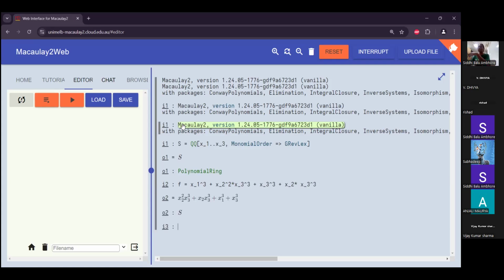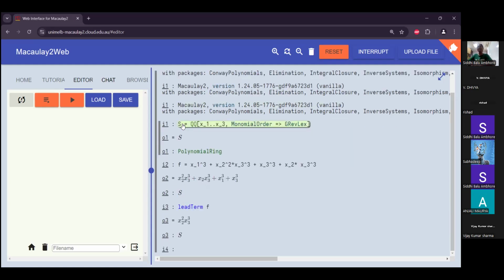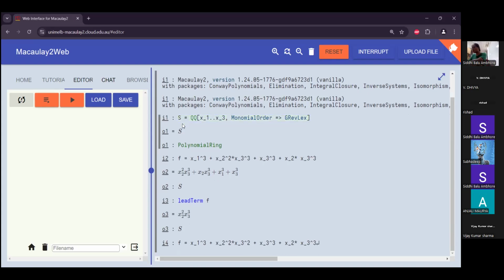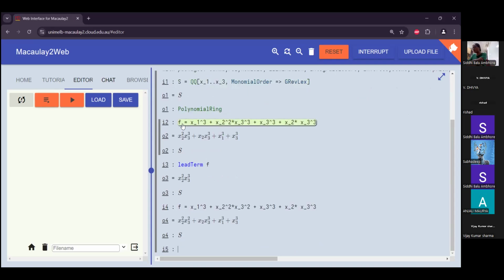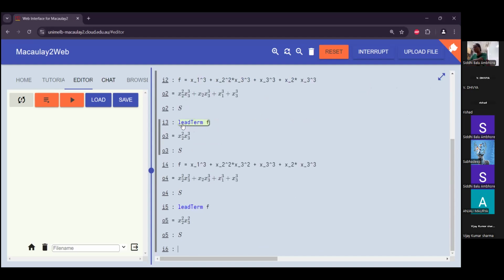So this is my polynomial, and when I want to find the lead term, in Macaulay 2, instead of initial, they use a function called lead term for finding the initial term. When I write this, it gives me this. Oh, the degrees were set wrong. It is square here, and now it is correct. Now lead term of f is this. So this was our polynomial, and this is the leading term.